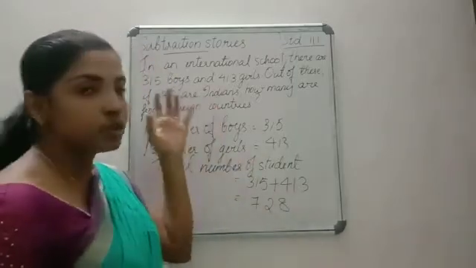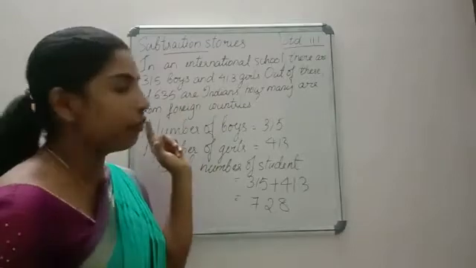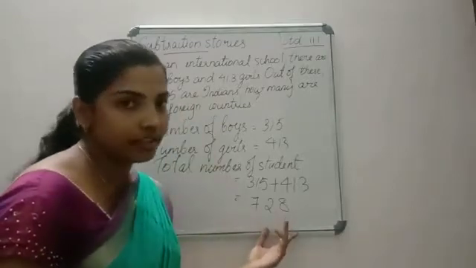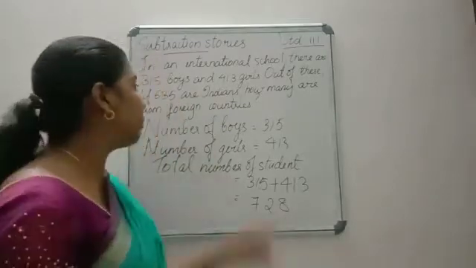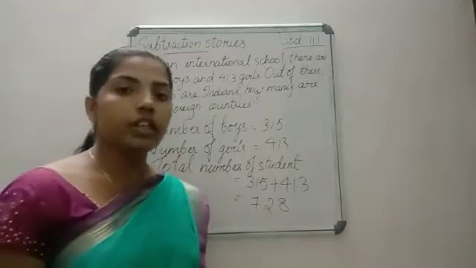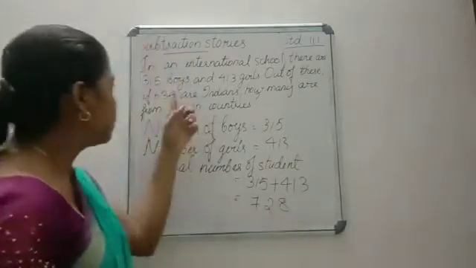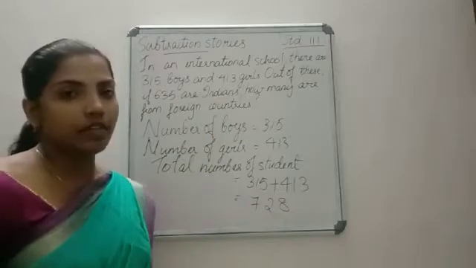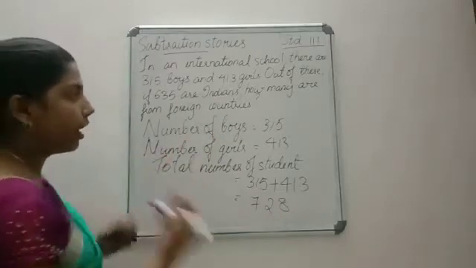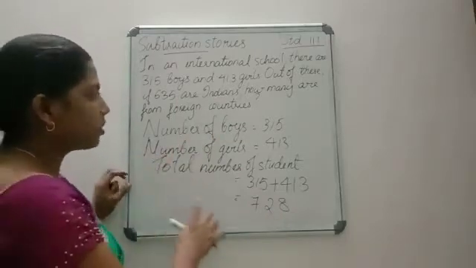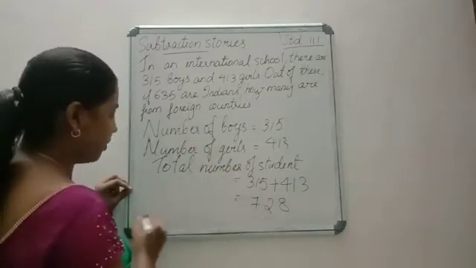The students from India are 635, the total number of students is 728, and we have to find the number of students from foreign countries. Here we have to just subtract 635 from 728. So how can we write the step? Number of students from foreign countries.